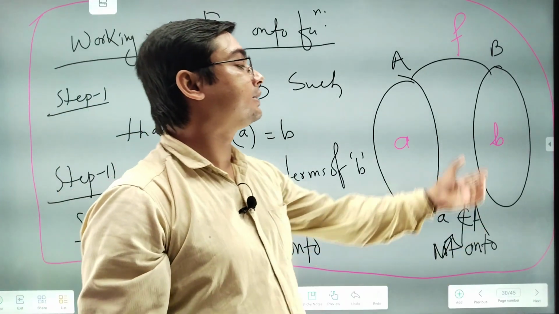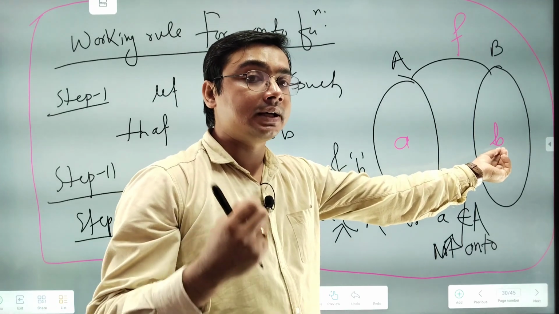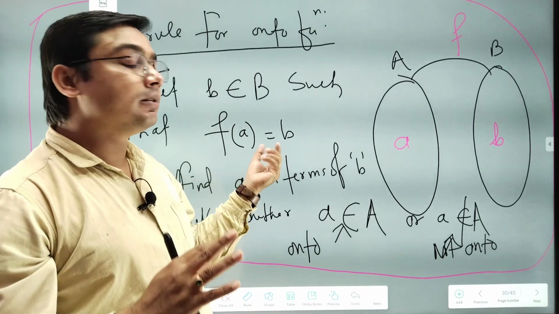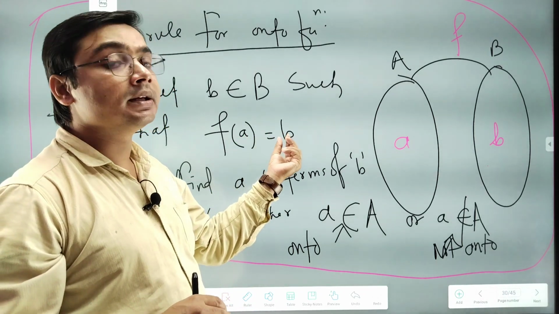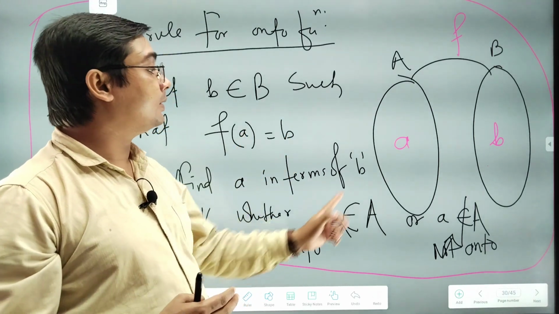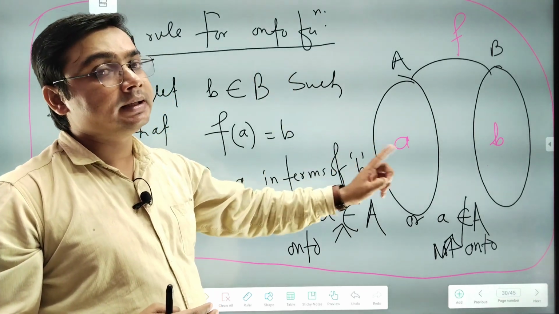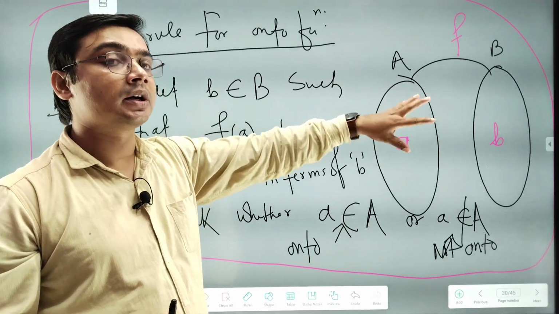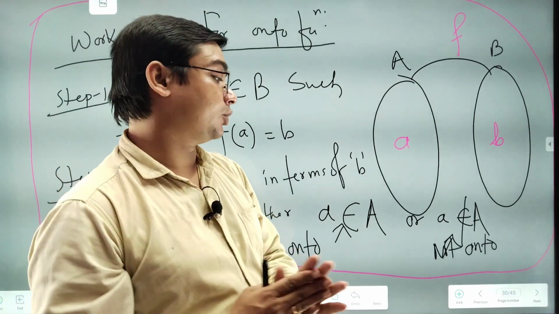In the first step, consider any element in this set and assume f of a equal to b. Then find the value of small a in terms of b and verify whether that small a is in the first set A. If it is, the function is onto, otherwise the function is not onto.